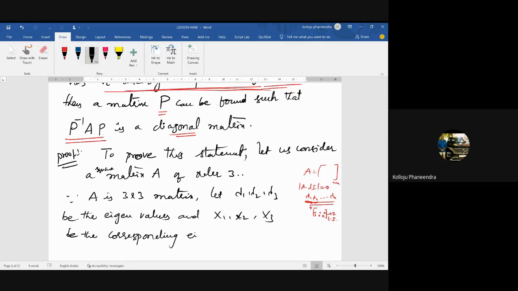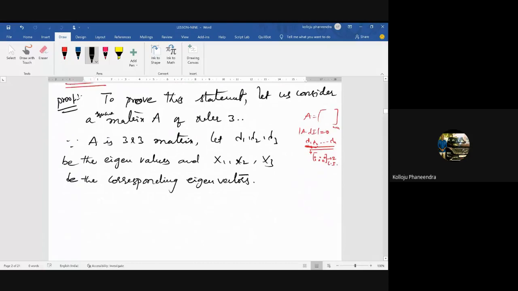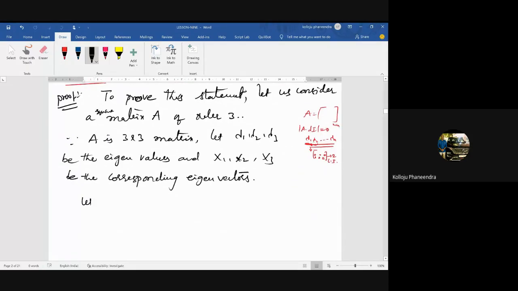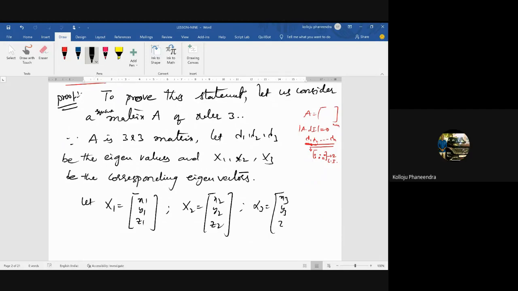I'm taking the eigenvectors as x1, y1, z1, then x2, y2, z2, and x3, y3, z3.